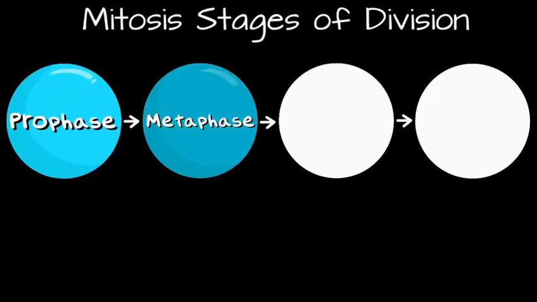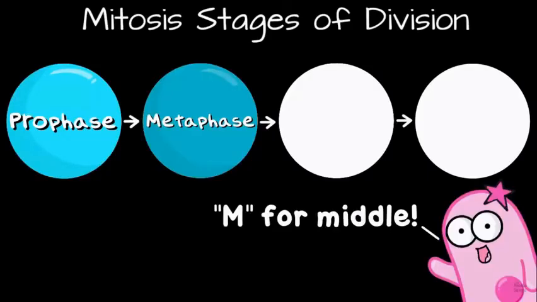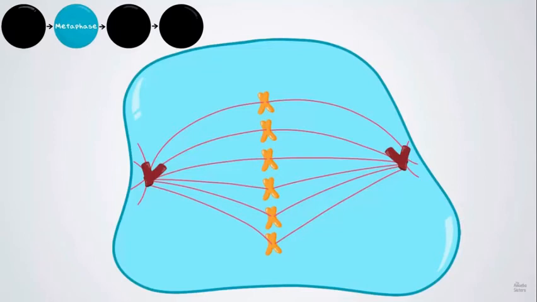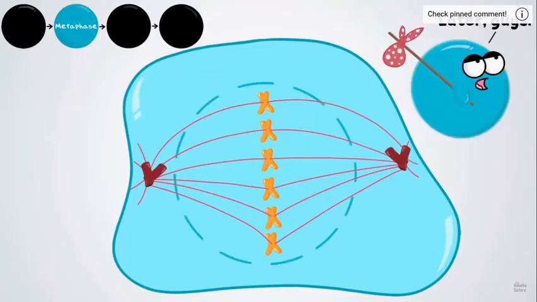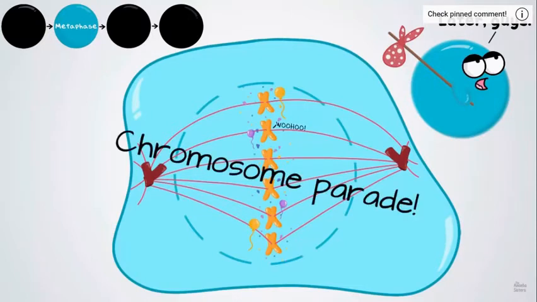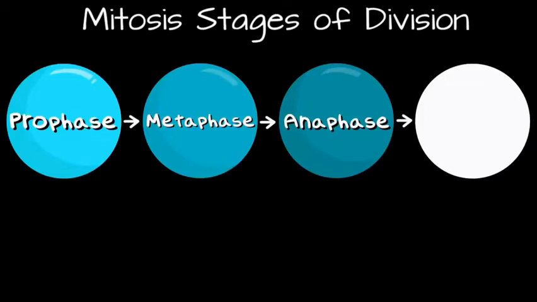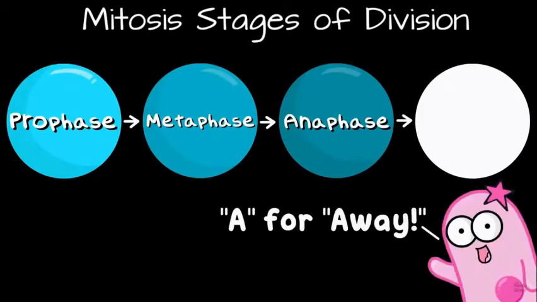The next stage is metaphase. M for metaphase, but I also like to remember M for middle because in this stage, the chromosomes line up in the middle of the cell. The nucleus has been disassembled, it's no longer there, so we've got the chromosomes in the middle waiting there. Next, the A is for anaphase. In anaphase, I like to think as the A for away.